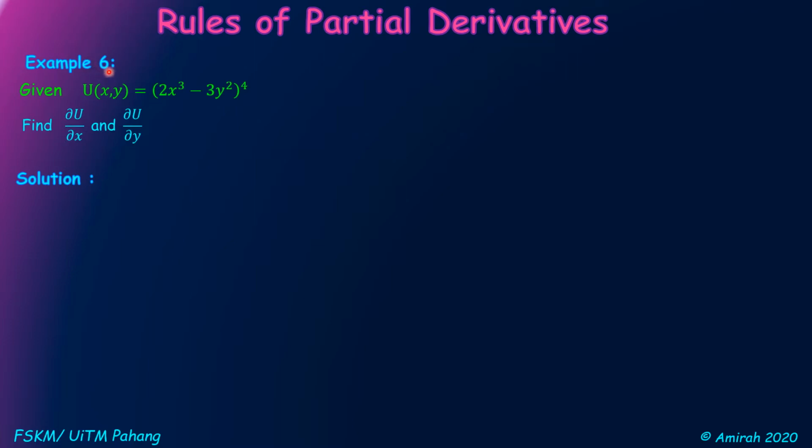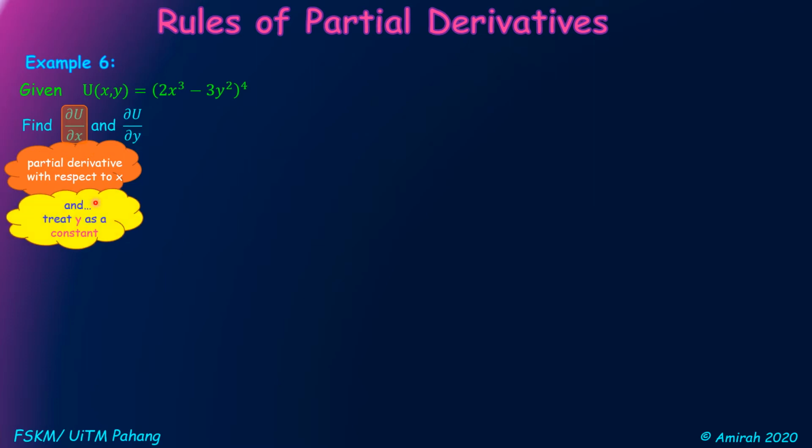We look at example 6. Given u(x,y) equals (2x cubed minus 3y squared) to the power of 4. Find del u over del x and del u over del y. Del u over del x means partial derivative with respect to x, and we treat y as a constant.